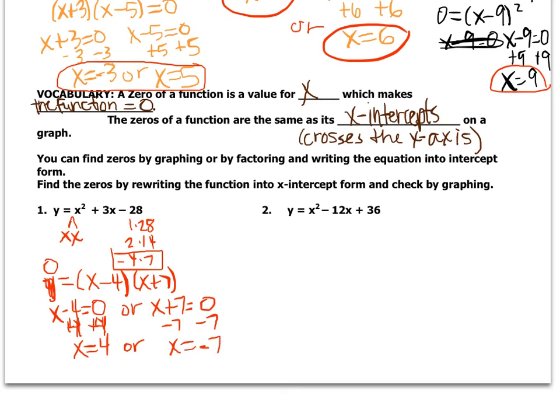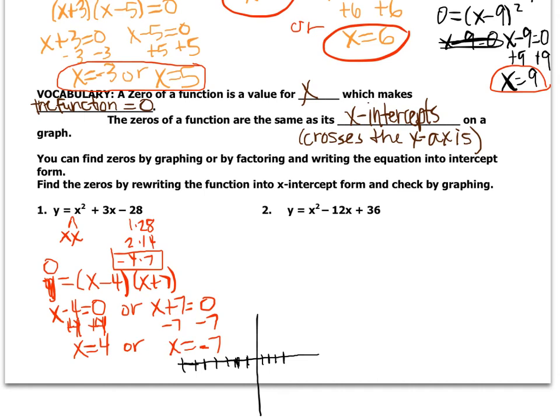So there's my 2 solutions, and what that represents, if I graph this, I'm having a hard time drawing these in here. 1, 2, 3, 4, 5, 6, 7. Okay.